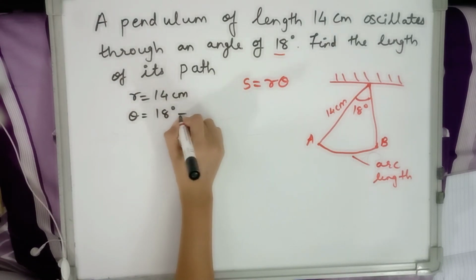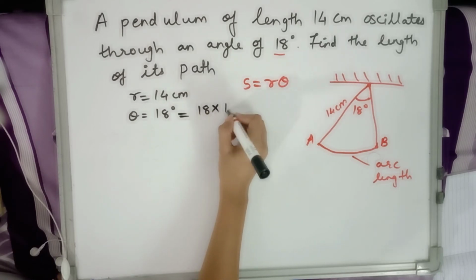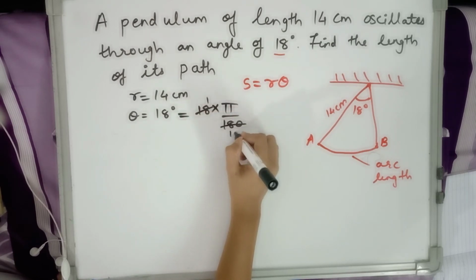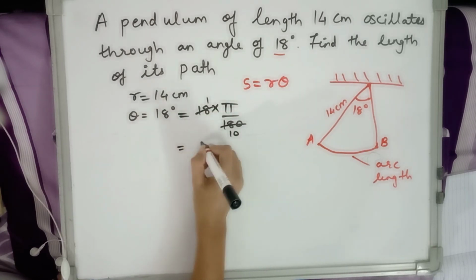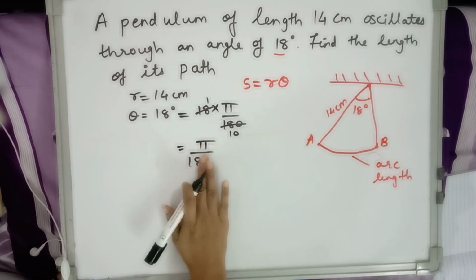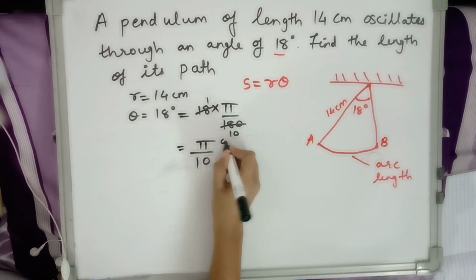Now theta should always be in radian. We'll convert it first. 18 into pi by 180. So our theta will be pi by 10 radian.